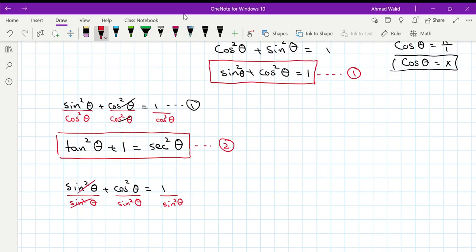These two cancel out. Then you can write 1 plus cosine over sine, which is cotangent. Then cotangent, because you have a square, cotangent squared theta equals 1 over sine, which is cosecant, right? Because you have a square here, cosecant squared theta. I will put this one also in a red box, identity number 3.